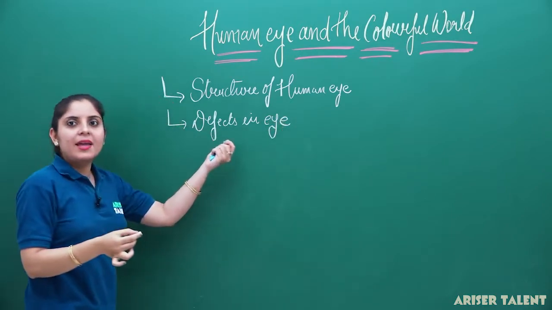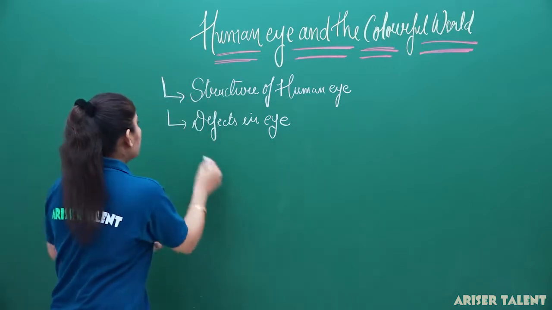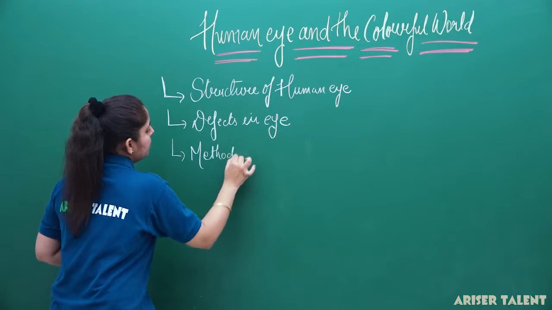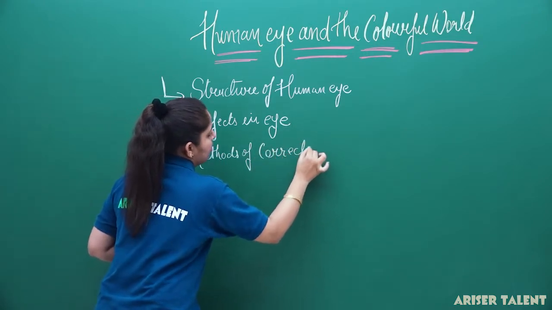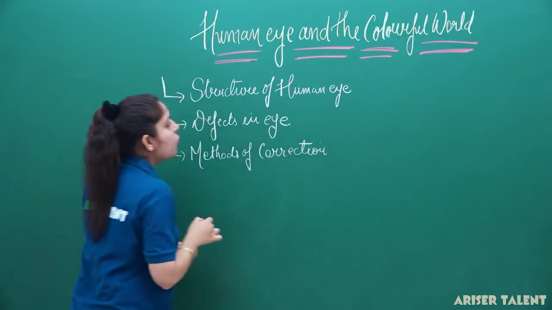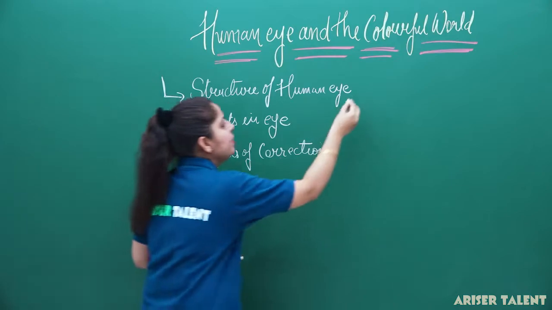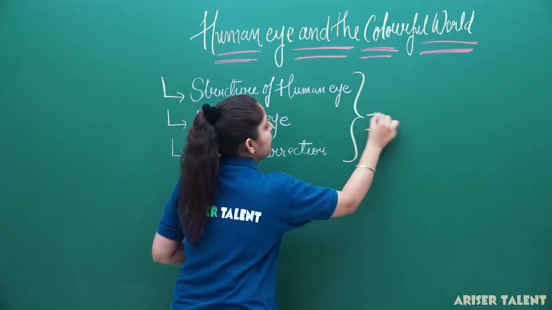If the eye has a defect, then there will be some methods to correct this defect. So we will learn about the methods of correction. This is the first part of the chapter, the human eye, and we are going to cover this first half of the chapter.